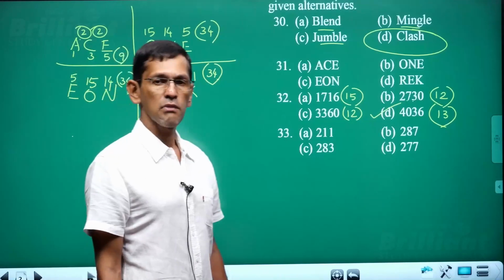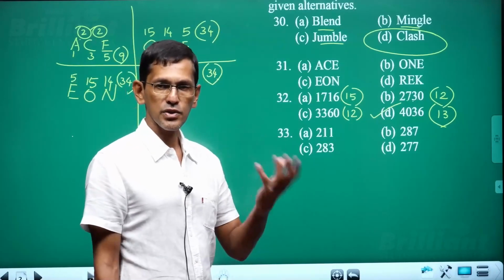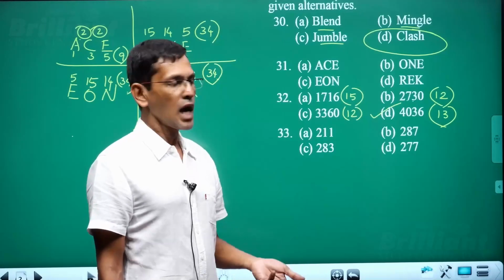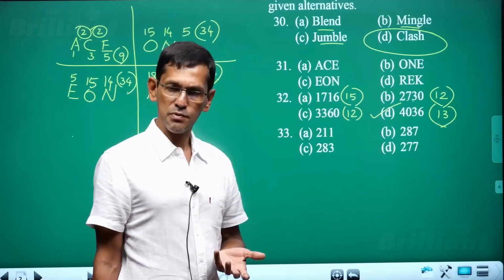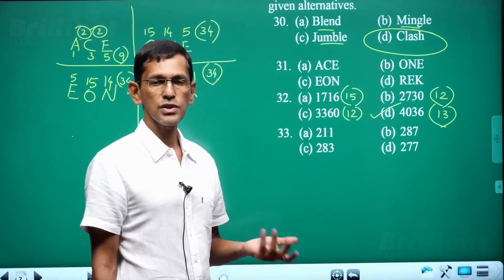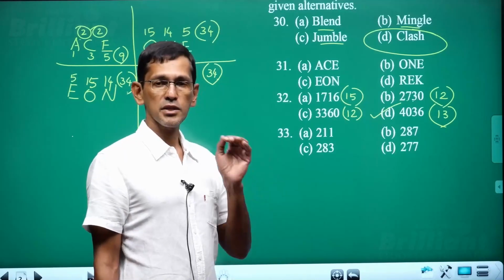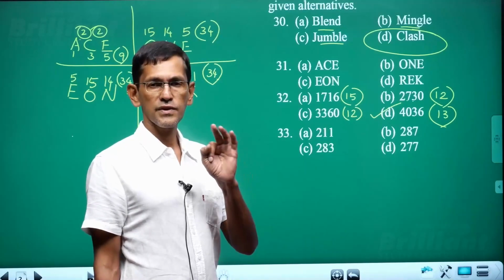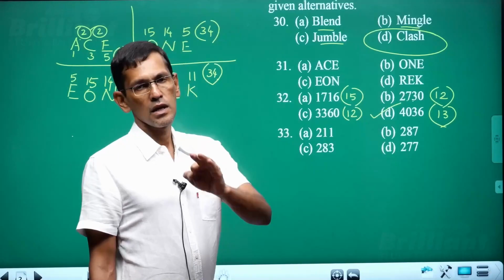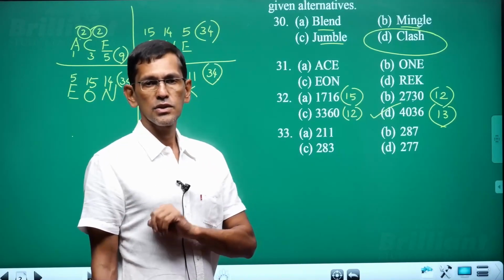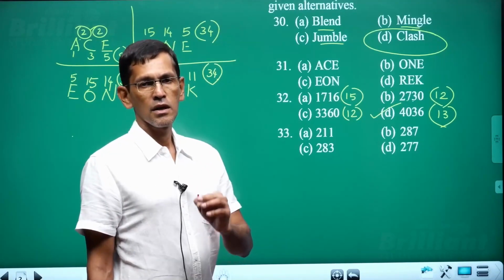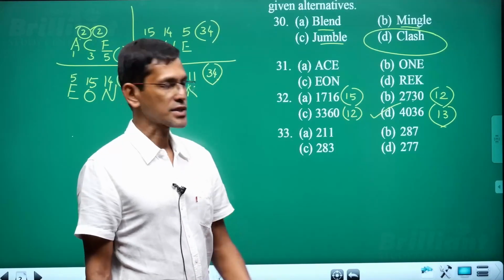Sometimes you may come up with a different pattern, and you may get a different answer as well. It's possible for many of these questions. And if you mark a different answer for a question, as I have mentioned earlier, you have the right to challenge it.